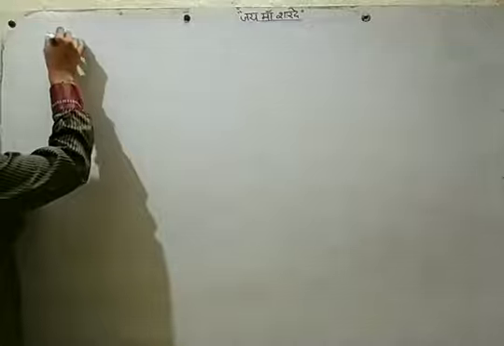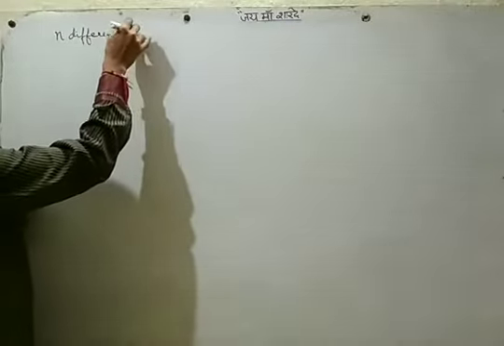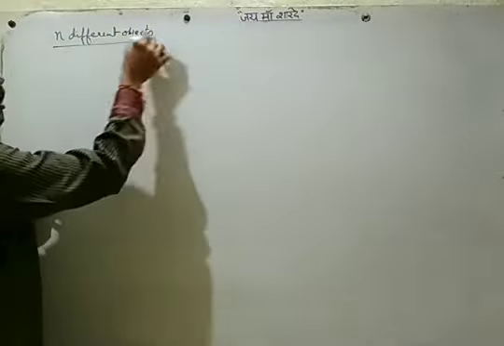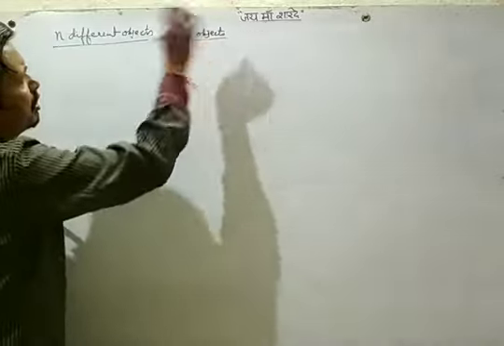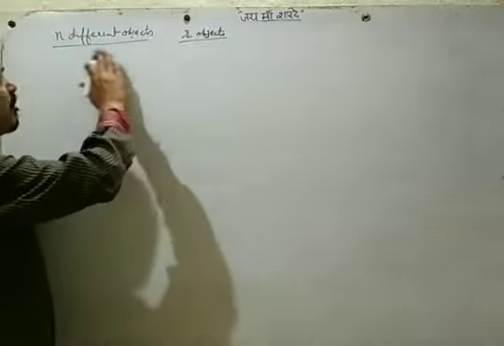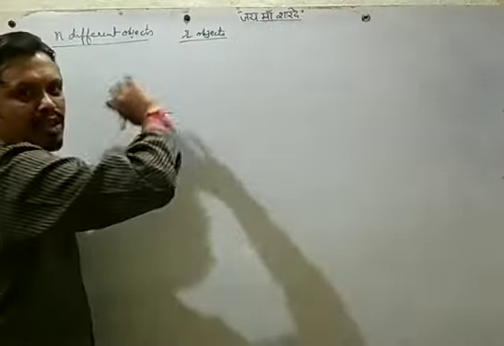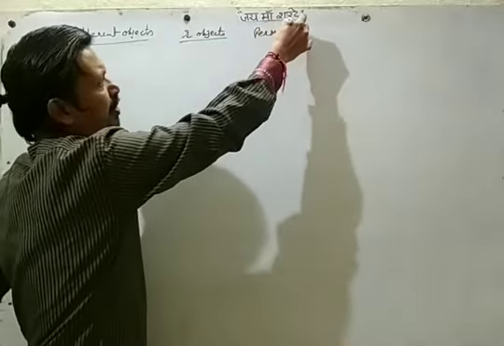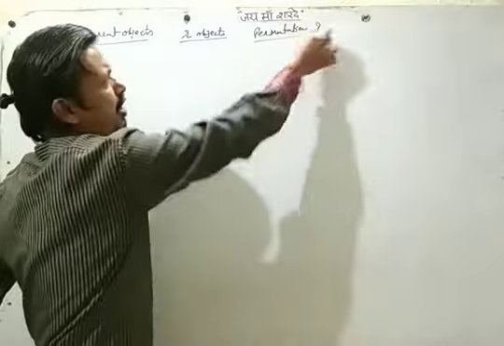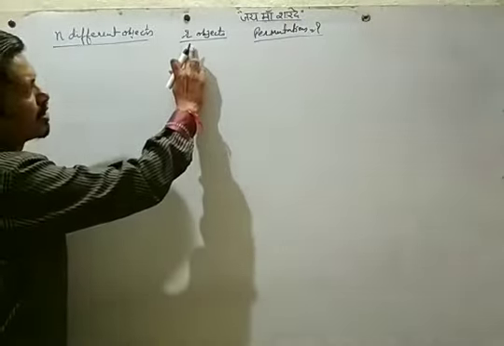Okay, if we have n different objects, and from these we want to take r objects and form some arrangements, meaning permutations, how many permutations can we make?